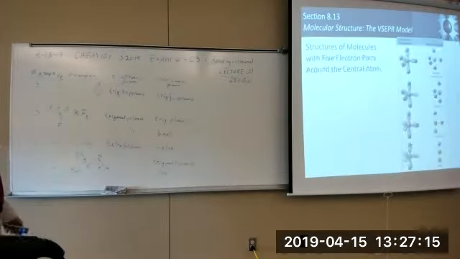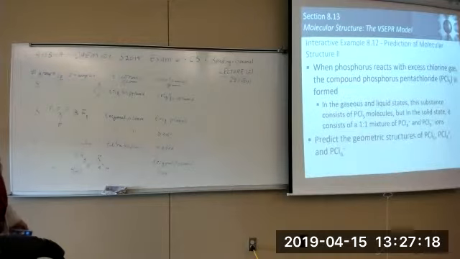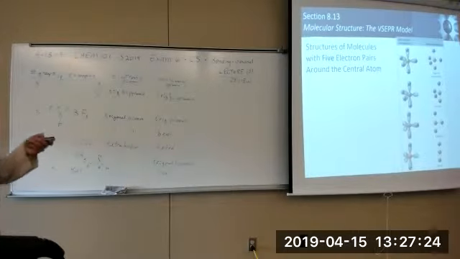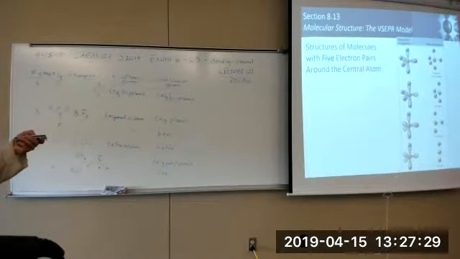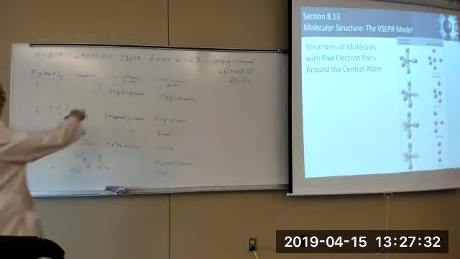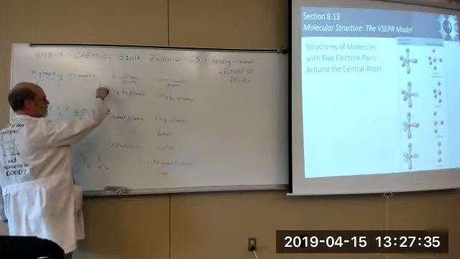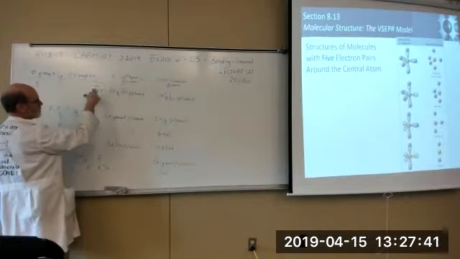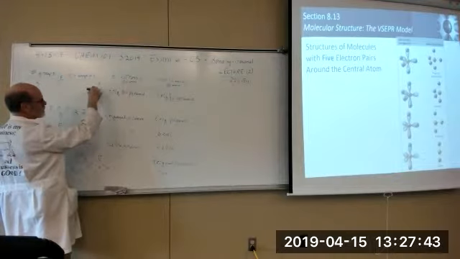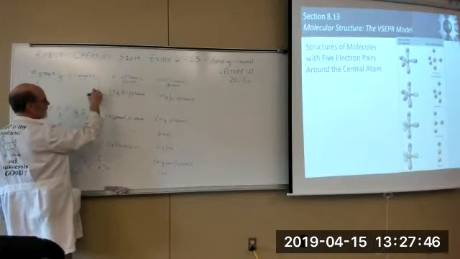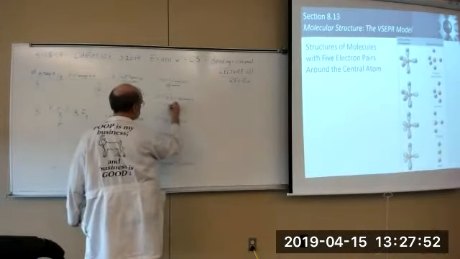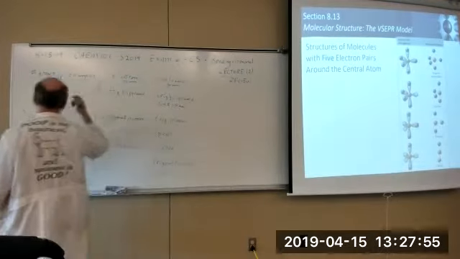Let's see if we've got some examples. Here's a trigonal bipyramid. If we have a lone pair, it's usually on one of these positions right here, around here. So what does that give you? Well, with the central atom in the middle, that gives you here, here, there, and there, which makes it a seesaw. If you have one lone pair.